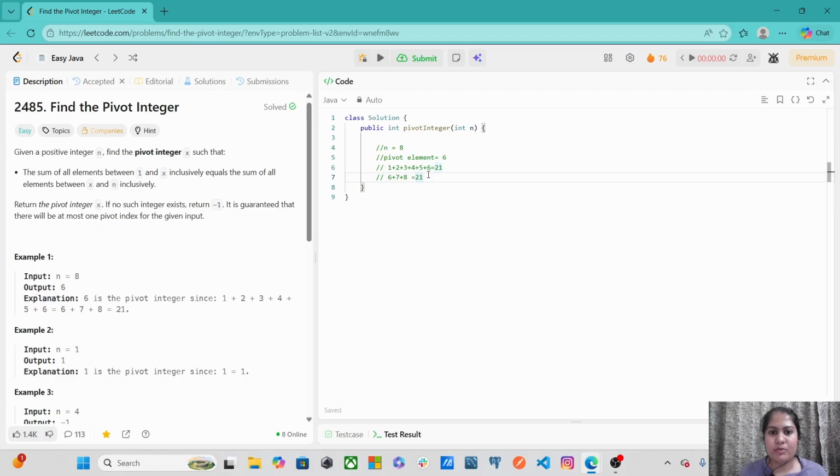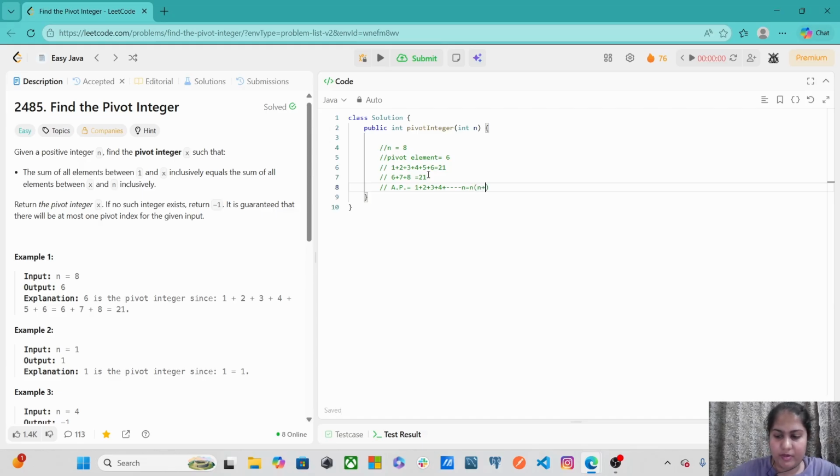What is the arithmetic progression formula for this? The formula for 1 plus 2 plus 3 plus 4 till n is n into n plus 1 divided by 2. We are getting the total.